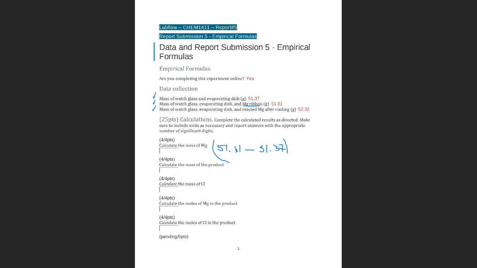How about the second one, the mass of the product? The first number is correct.